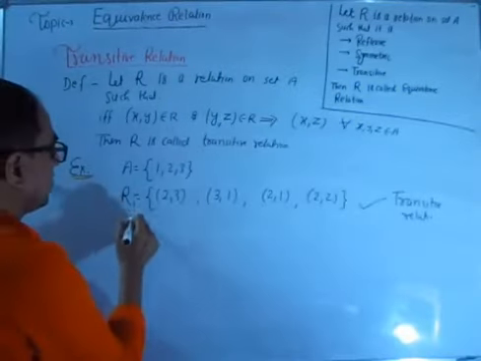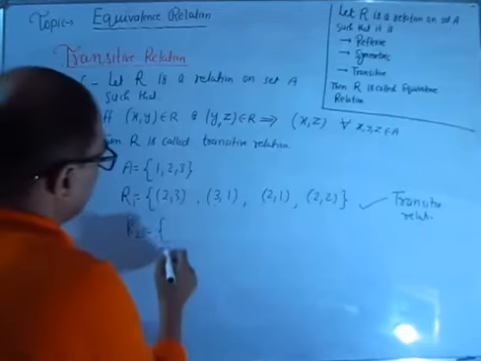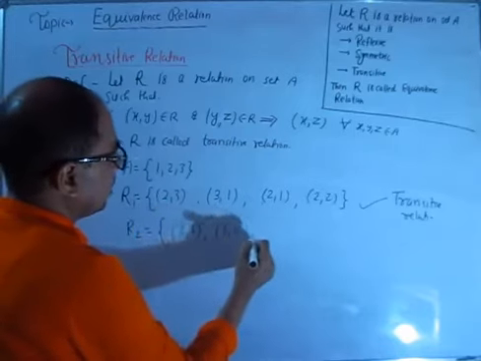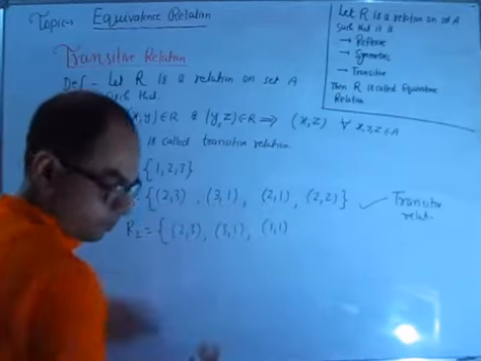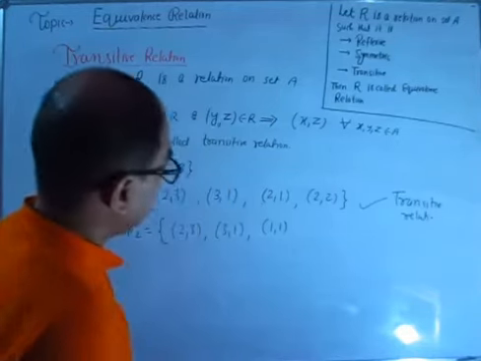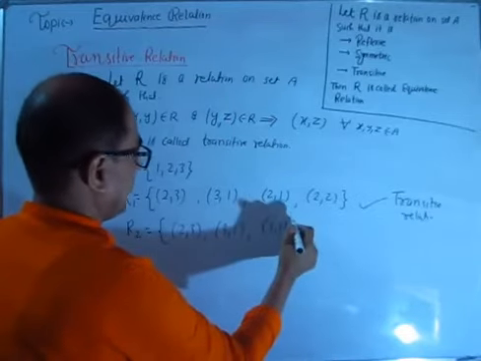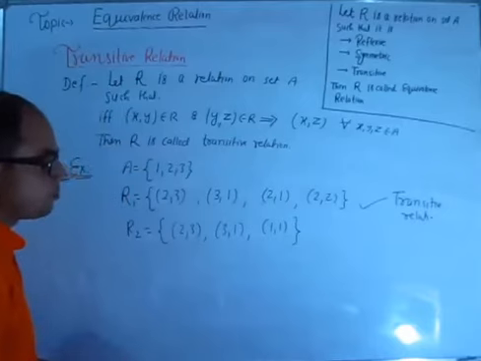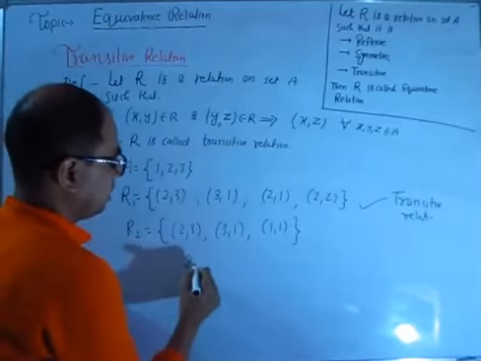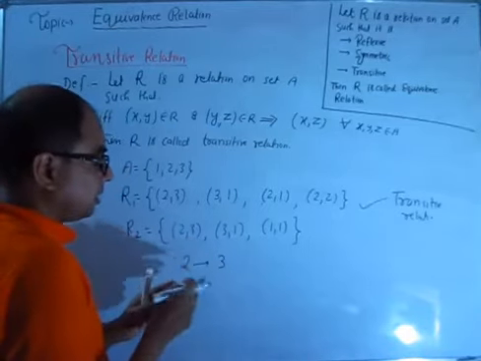Now let us take another example in the same set. Suppose I am taking (2, 3), (3, 1), and (1, 1). Is it a transitive relation? Let us check. Here 2 is related with 3. Is there any element which is related with 3?